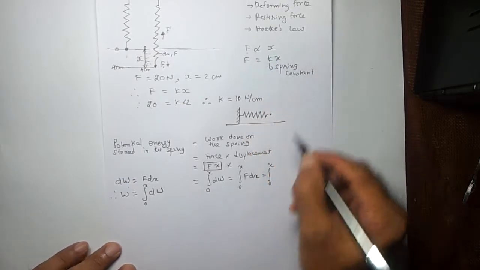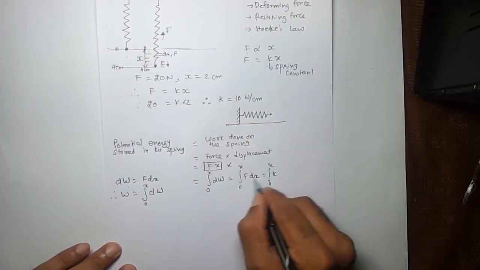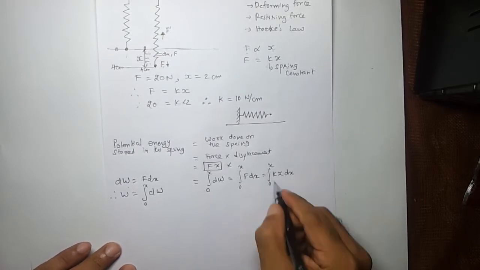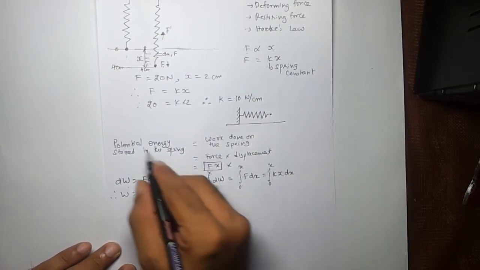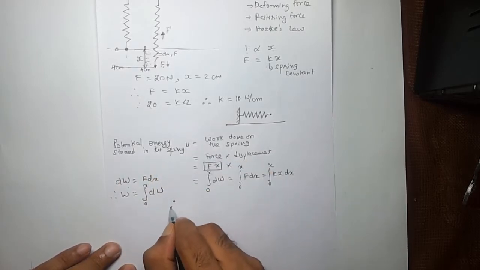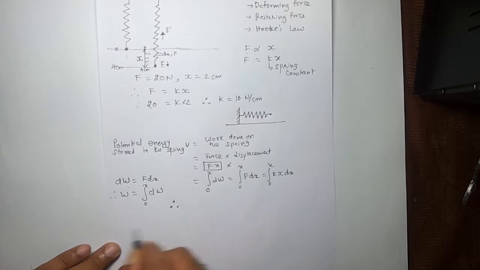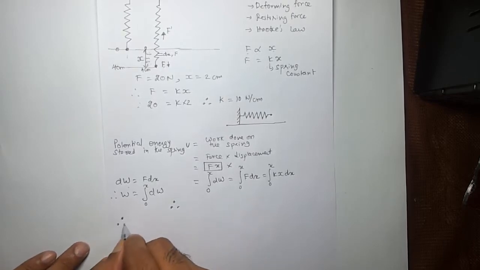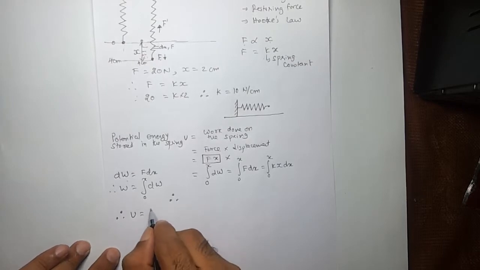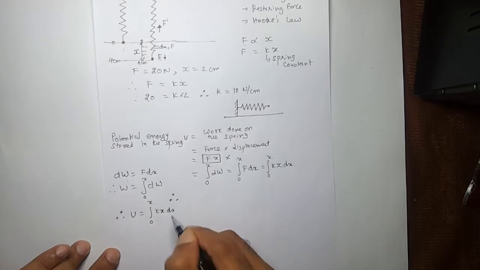F is equal to kx. So I'll write down over here, for F, kx dx. Right. And if I do integration of this, the potential energy stored in the spring, if I denote this by, let us say, U, therefore U is equal to the integration from 0 to x of kx dx.